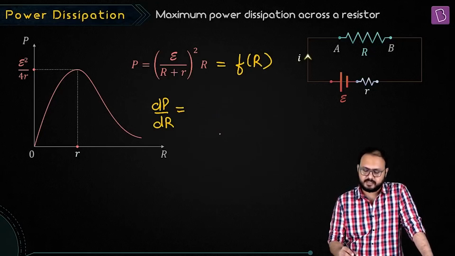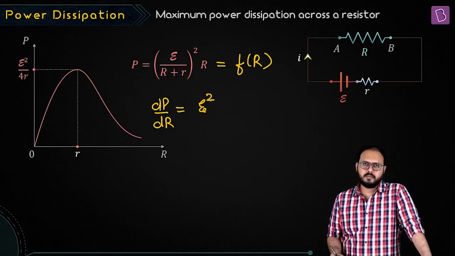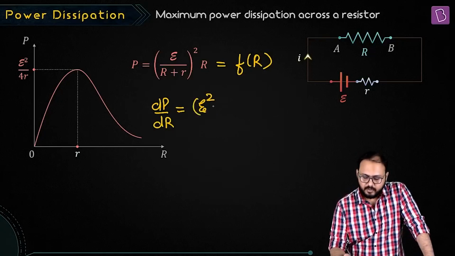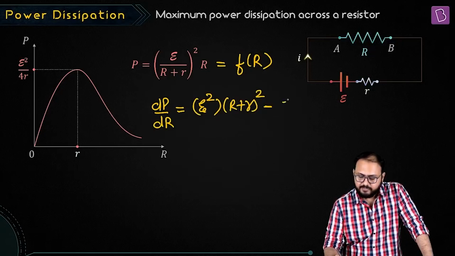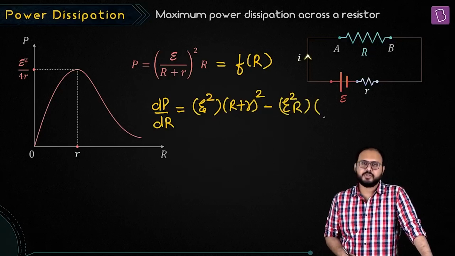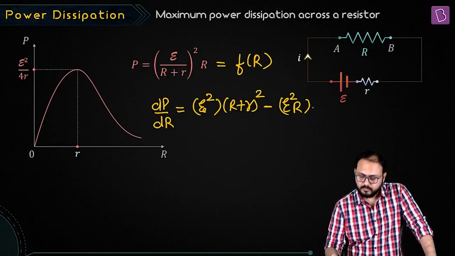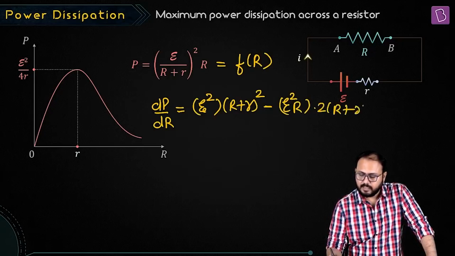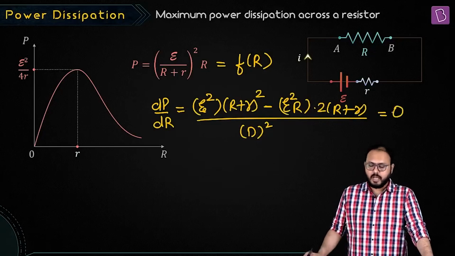Can I say f dash g? So f dash g minus f g dash over g square: E square, R plus r whole square, minus E square R times 2(R plus r). Be smart now. The denominator square, who cares, because this is going to be 0 for R max.